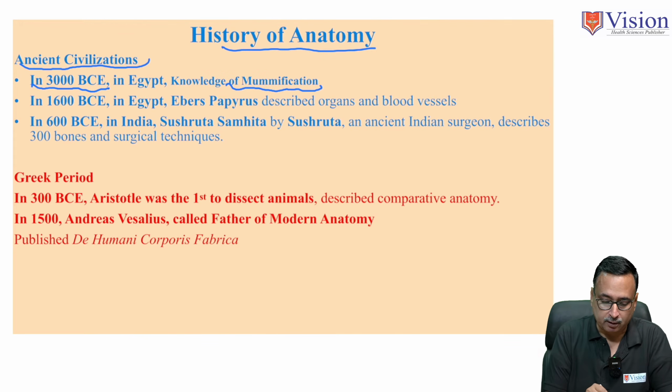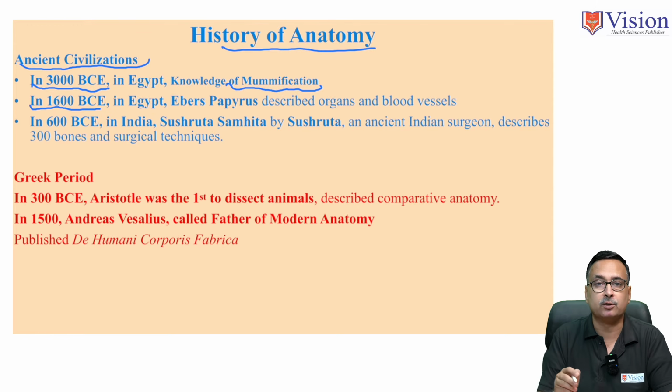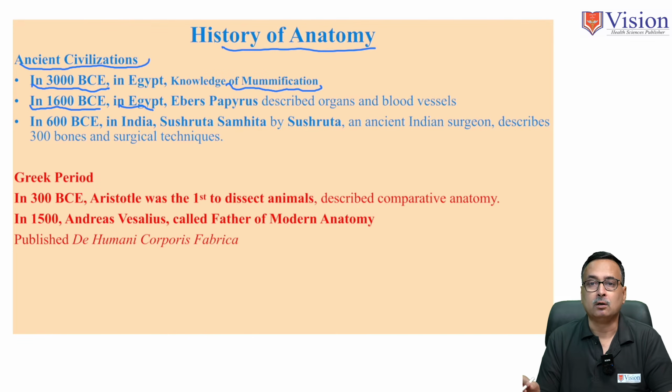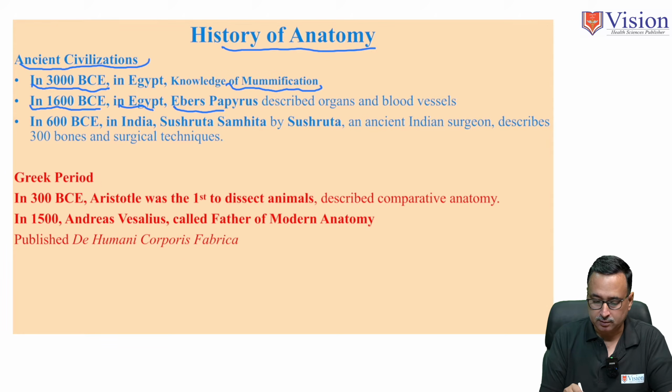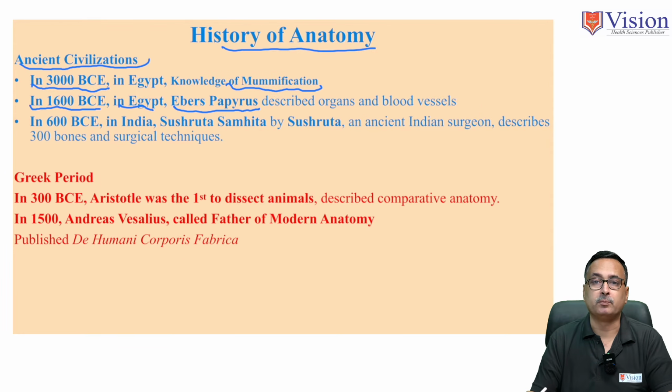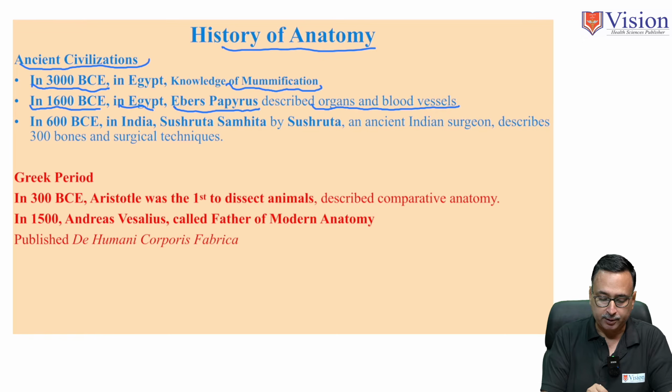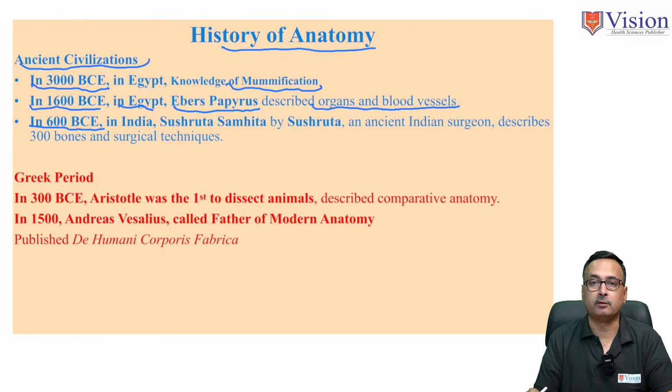Next comes the period of 1600 BCE. In Egypt, there were medical texts called Ebers Papyrus. Those medical texts described the internal organs and blood vessels. Next comes the period of 600 BCE in India.